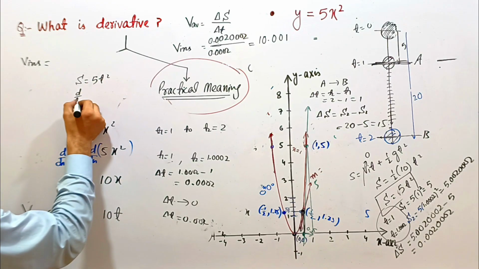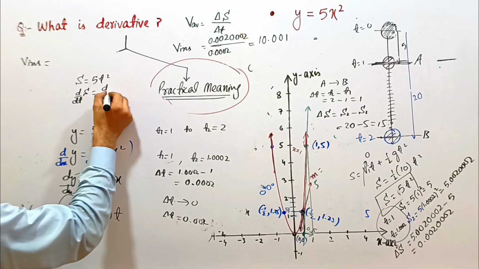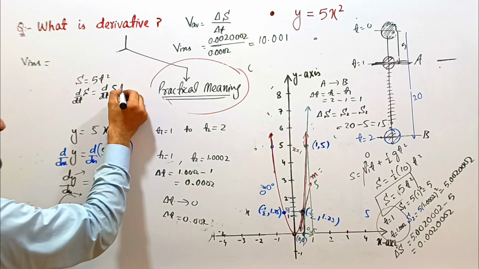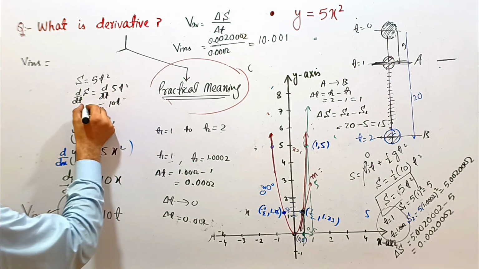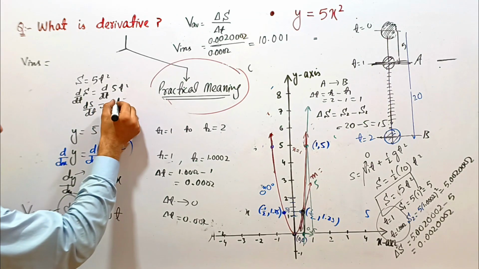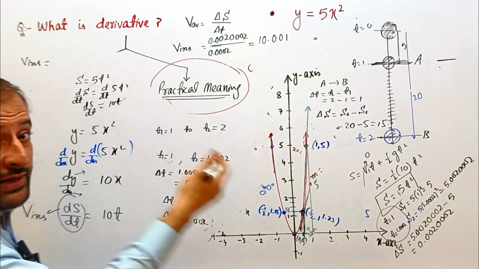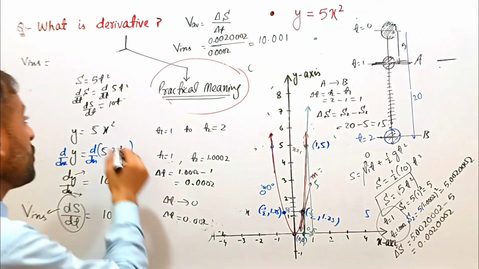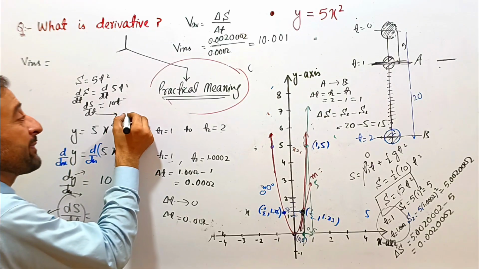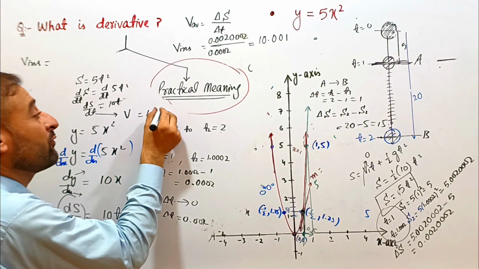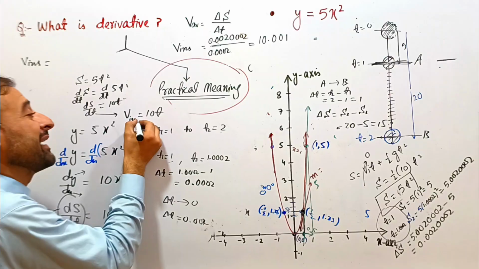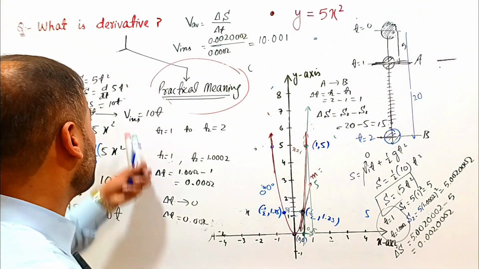You take the derivative with respect to t, and it will be 10t. ds by dt. Now it is clearly mentioned: one is s, other is t. So the derivative of s with respect to t will give you velocity. But which velocity? Instantaneous velocity. And then you put t.